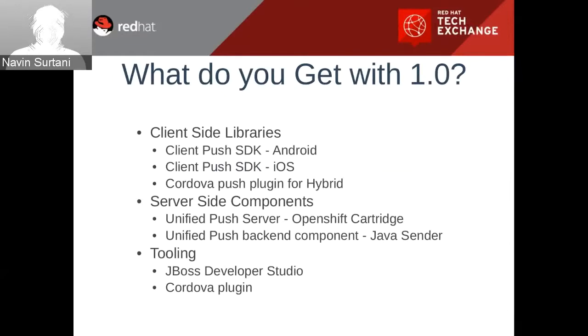We will ship a set of client-side libraries: client push SDK for Android, client push SDK for iOS, and all the Cordova plugins for hybrid. On the server side, and many of you have seen that OpenShift cartridge, the unified push server, and also a unified push backend component, which allows bi-directional capabilities with your client, is the Java sender.